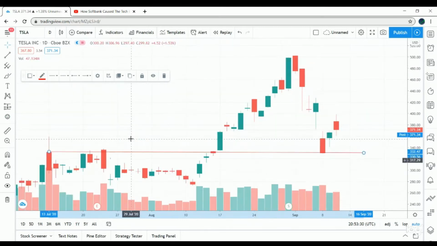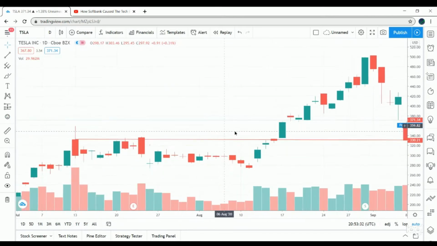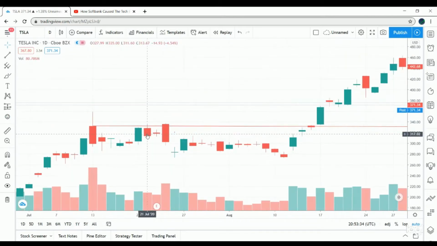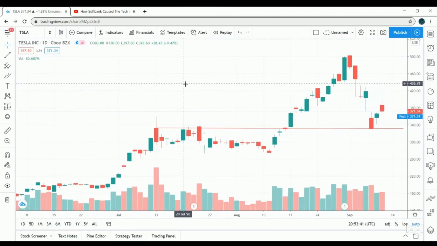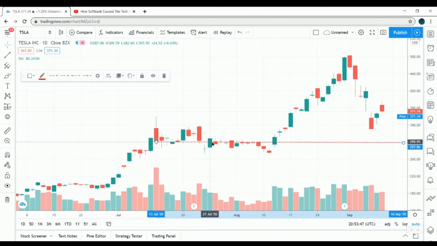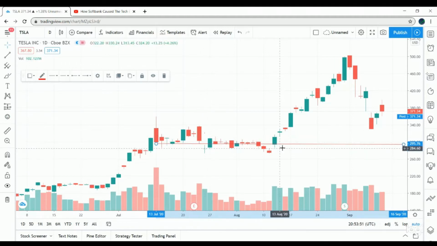So some people might say that this line was broken, right? The stock broke through it right here, but it didn't, because for it to be considered a full break, this thing right here called a candle needs to be fully over the line. So if the candle was completely over the past resistance line, then it would be a full breakthrough, right?